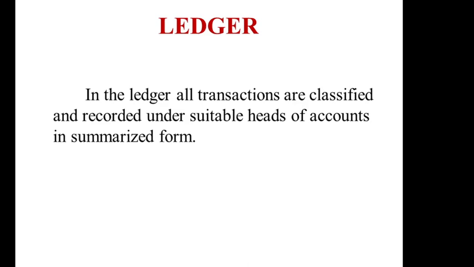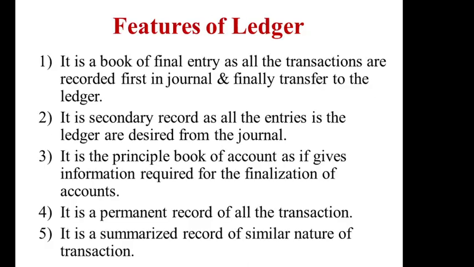For fixed assets, for example, machinery, furniture, building and land, they will maintain separate accounts for each. For personal accounts, XYZ company has a separate account, and for ABC company they will maintain a separate account. That is nothing but the ledger: the classified and recorded accounts.